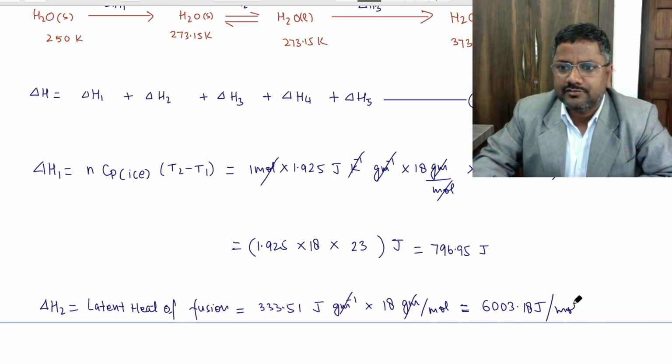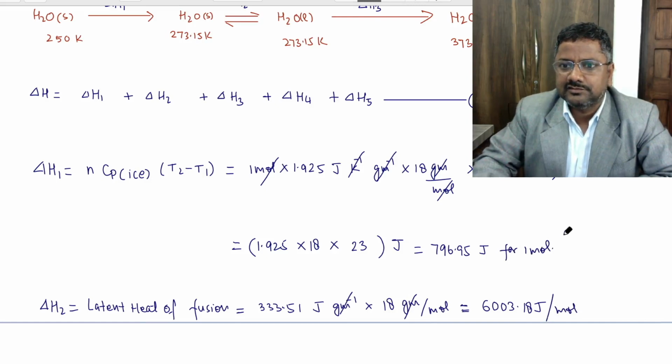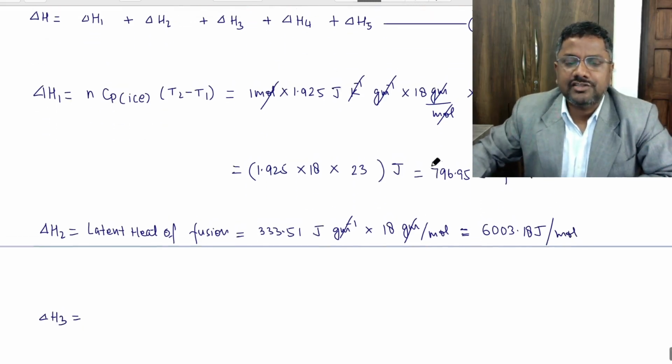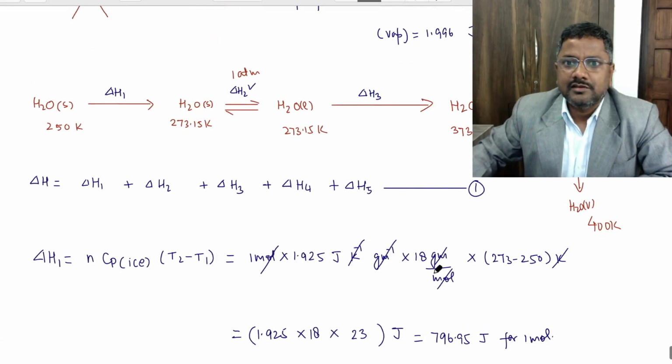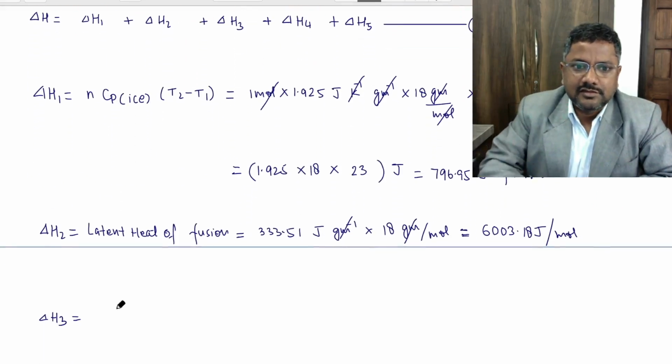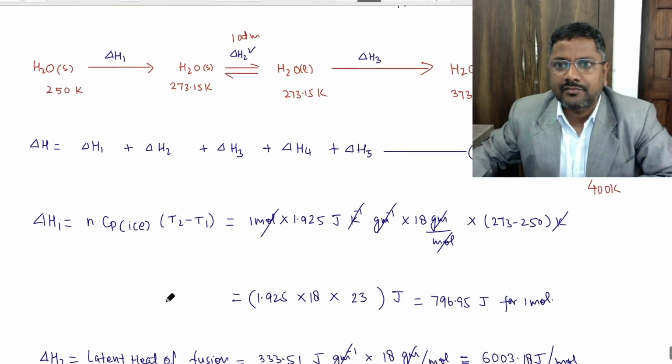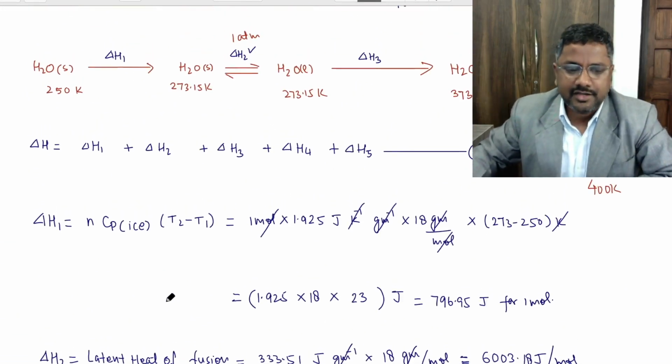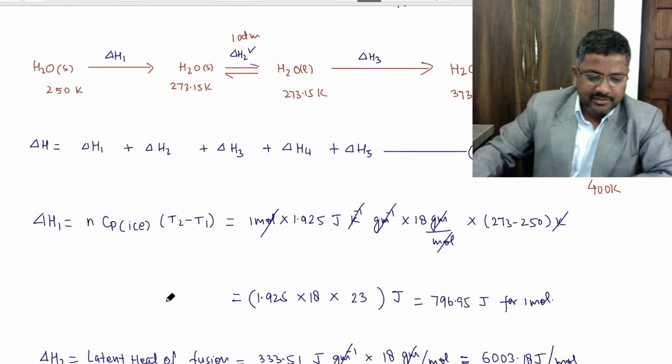Don't be confused here, this is for 1 mole, right? So delta H3 is equal to again n Cp delta T, but this time Cp of liquid. We have to take Cp of liquid.